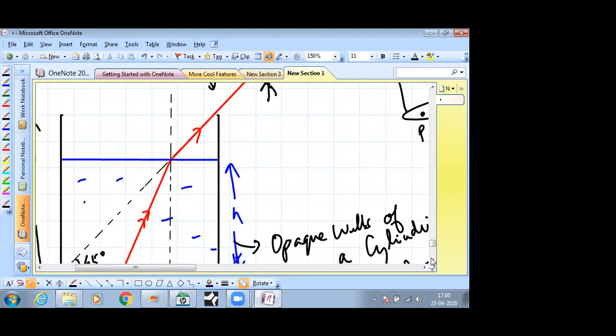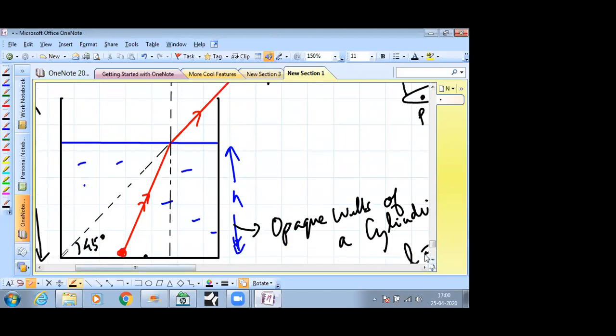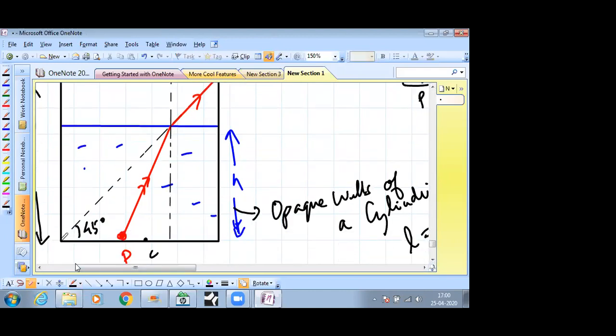Now this is where the entire geometry is within this diagram. If this is our angle of refraction, this is our angle of incidence. Now you can see that this refracted ray is a continuation of this line. So what is my angle of refraction? It is this angle. It's 45 degrees. So R you can immediately see is equal to 45 degrees.